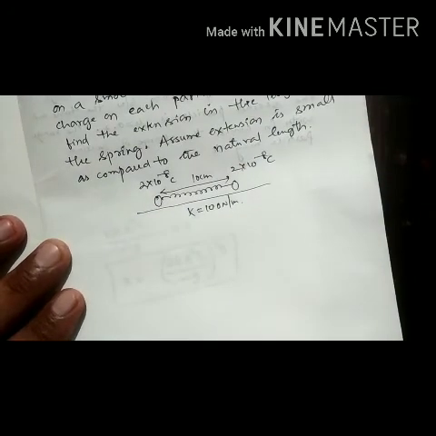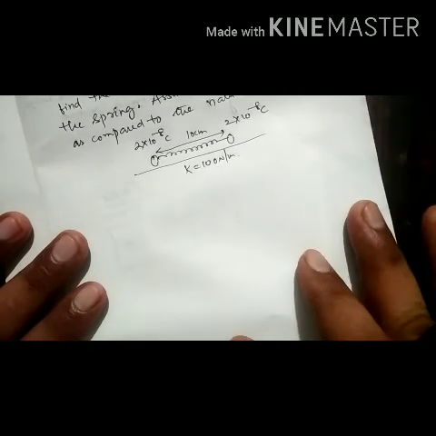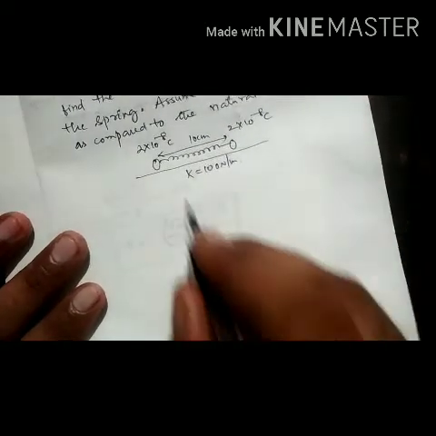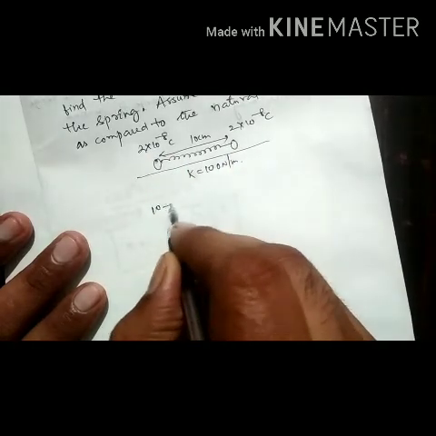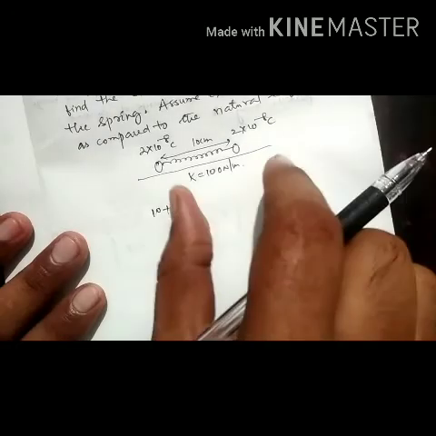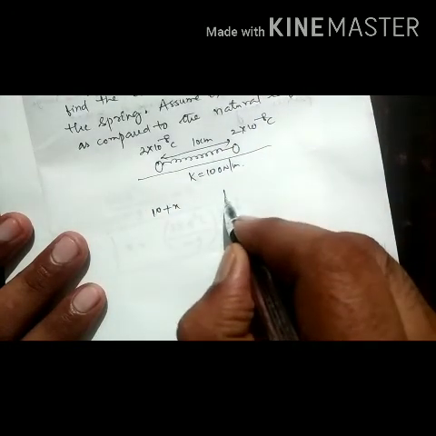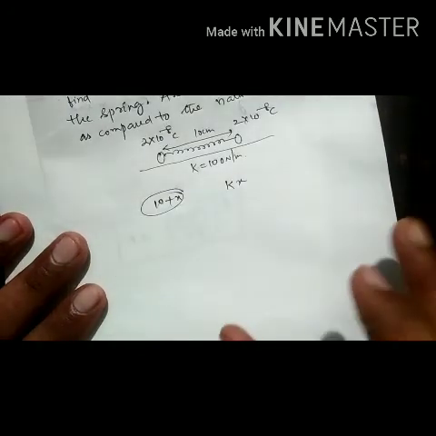So I have to find what is the elongation. Suppose there is a small elongation x. So in equilibrium, what you have to consider? The distance between the two particles in equilibrium is 10 plus x. Okay. So with that the problem is solved. So what is the force acting on the spring? It is k into x. So this is the distance for the equilibrium position you have to take.